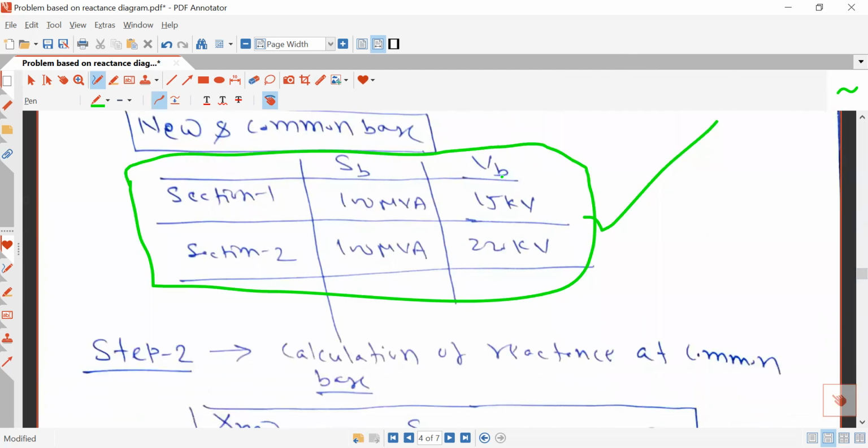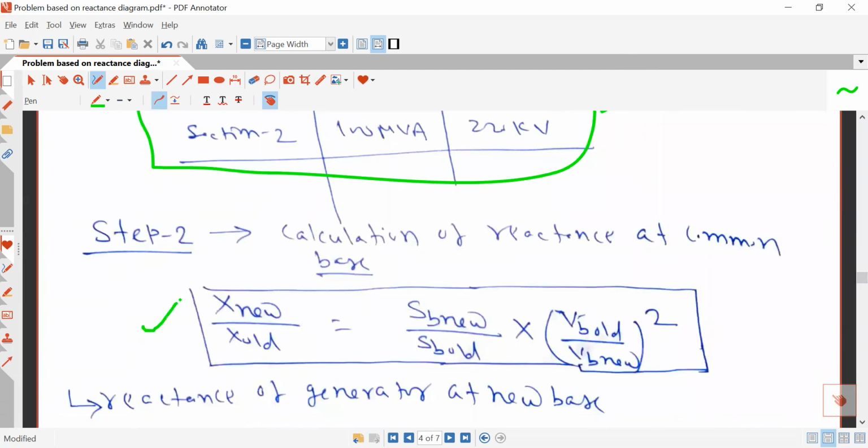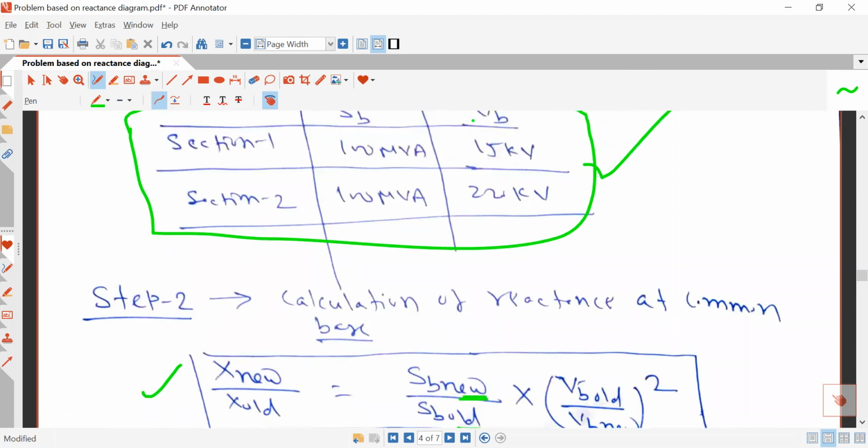So how will you convert? This is the formula through which you can convert. You can get reactances at new bases. Here x new is the reactance value which you want to calculate on the new base. The old value is given on the block diagram. Here old represents the rating and new represents the base value which is given in this table.